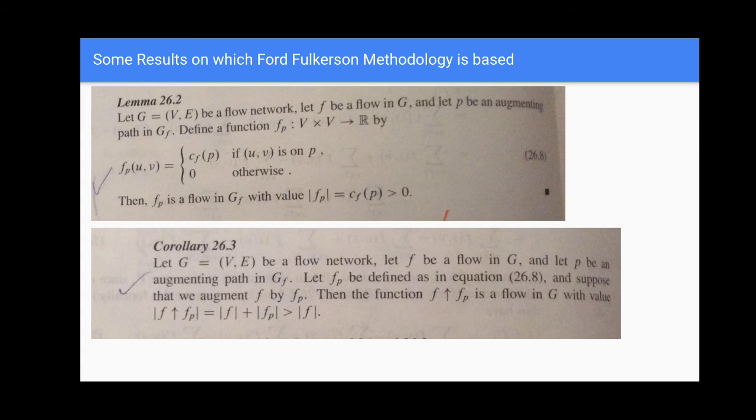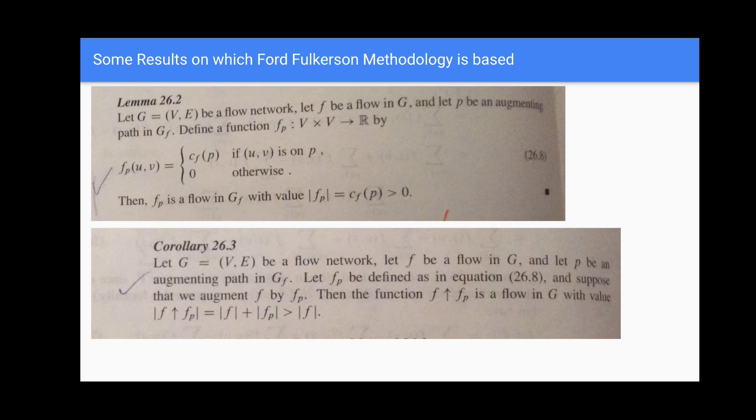So the additional flow will be the capacity of that path, as we have defined already, and fp is a flow in Gf with value |fp| = cf(P) greater than 0. And this is going to be added to construct the additional flow or the augmented flow.